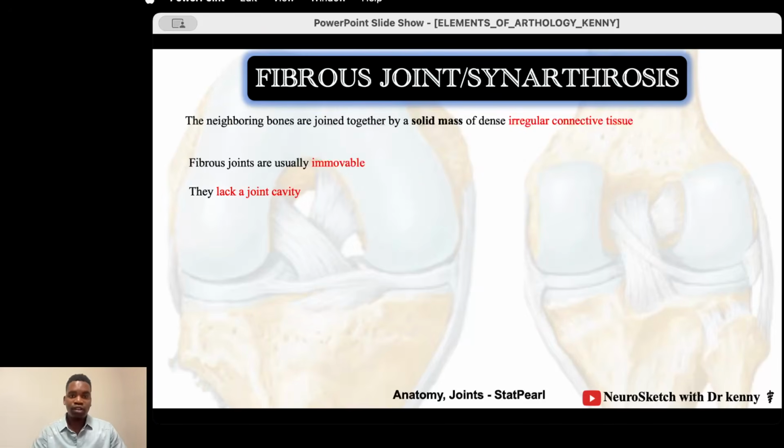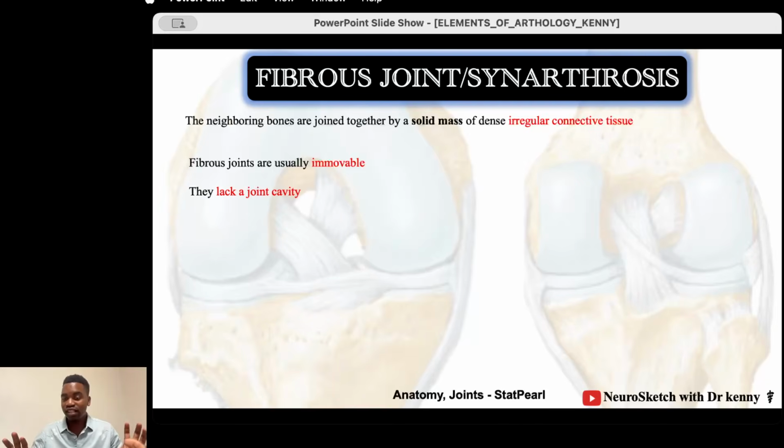The fibrous joints, as we've said, are also known as synarthrosis because they are slight. Most of them are immovable, and the articulating bones in a fibrous joint are brought together by a solid mass, which appears to be dense irregular connective tissue. But note that fibrous joints lack a joint cavity.